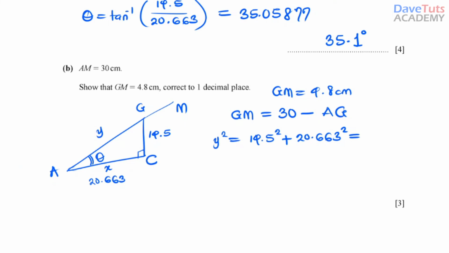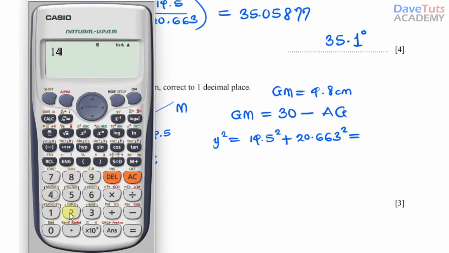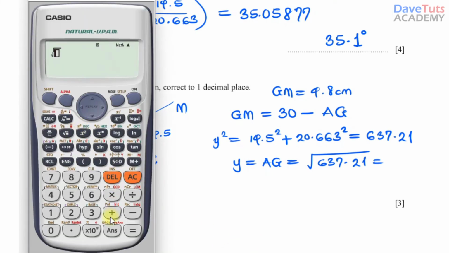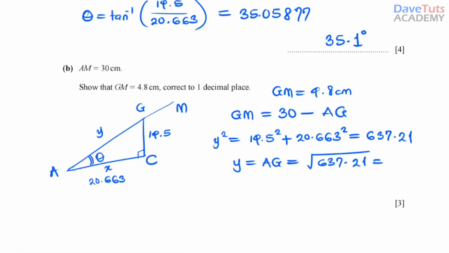So what's our value for that? 14.5 squared plus 20.663 squared is 637.21. So y itself, which is AG, is going to be the square root of 637.21, which gives us 25.24.